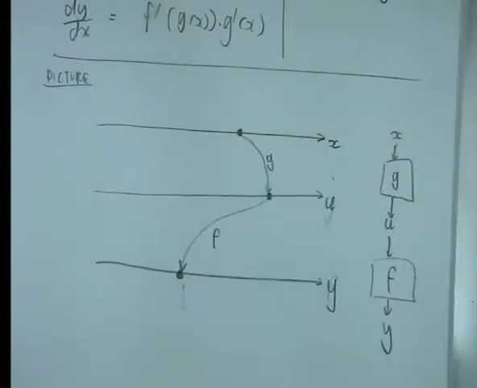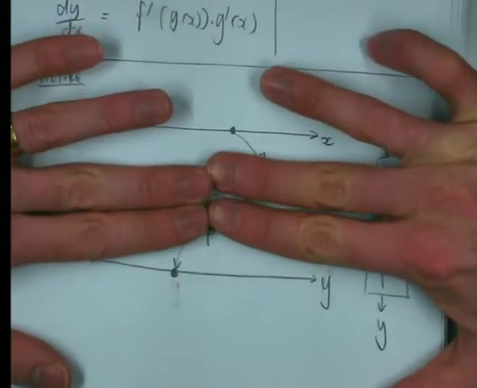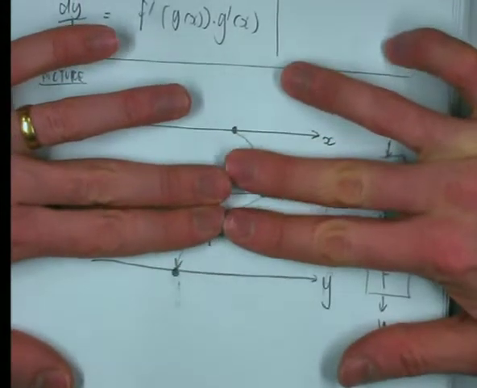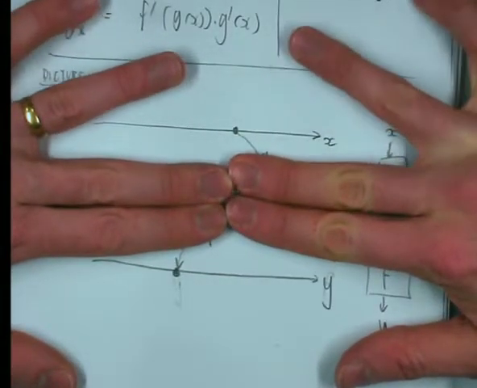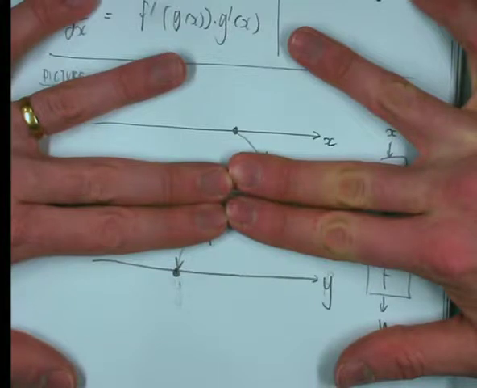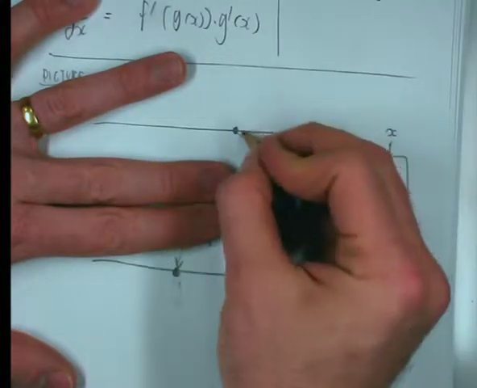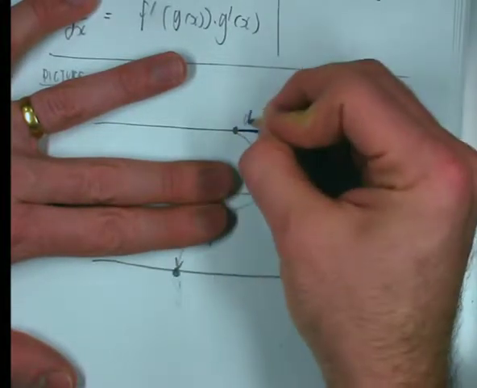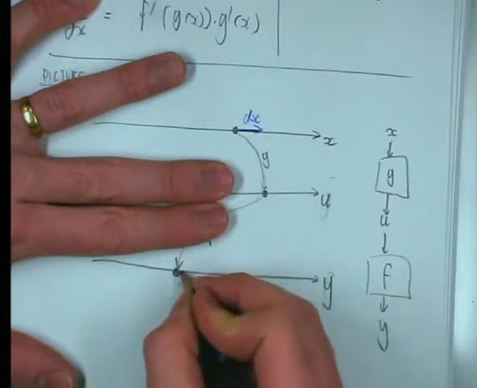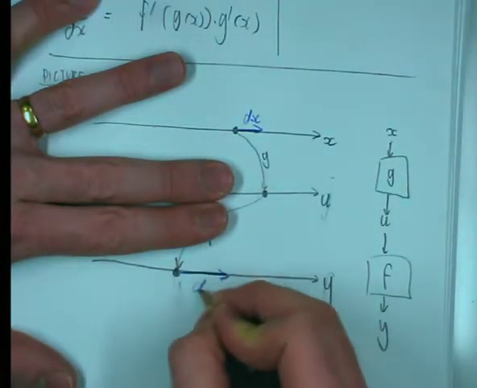Okay, so my actual idea is to ignore what happens in the center. Okay, I want to go direct from here to there in one go, from x to y. And so I want to know when I do this little change in x, how big a change in y does it produce?